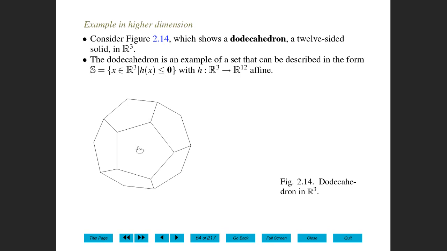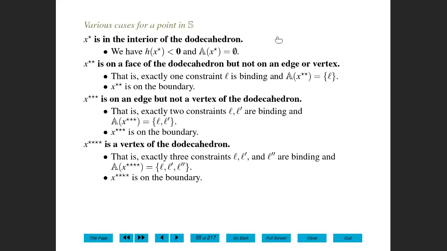So if one constraint is active, we are somewhere on the face. If two constraints are active, we move to the edge. And if three constraints are active, we are on a vertex. So one for a face, two for an edge, three for a vertex, right? This is exactly what they are telling us.